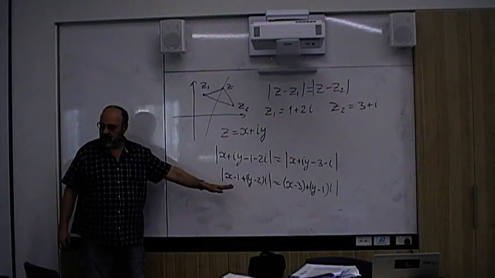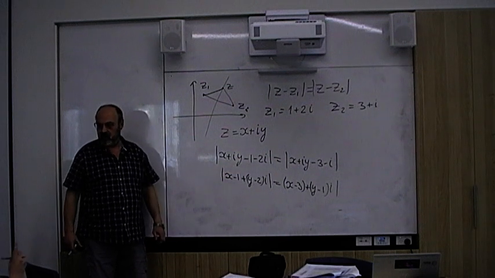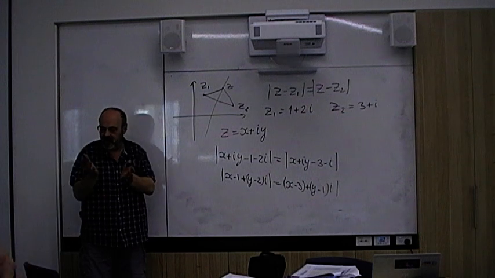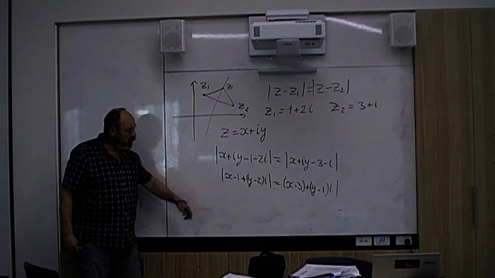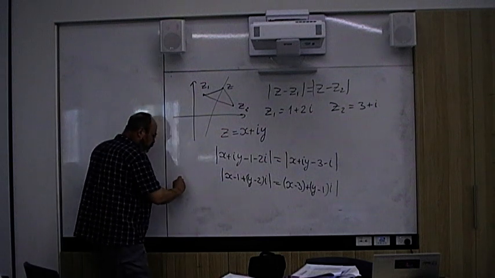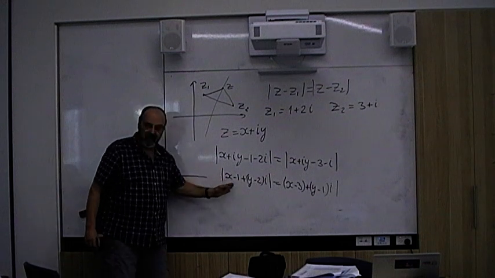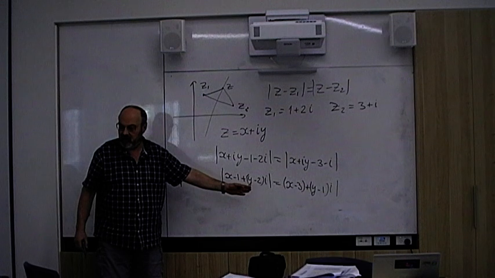I just collected real parts together and imaginary parts together. Now, how do we find the modulus? The modulus will be the square root of x squared plus y squared, the modulus of the complex number.